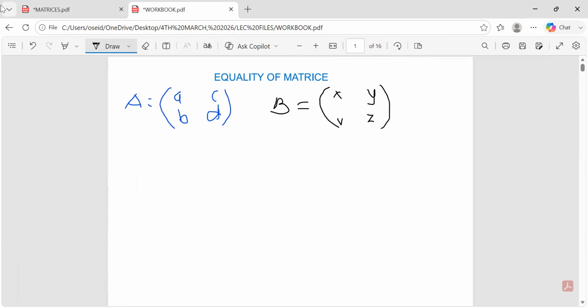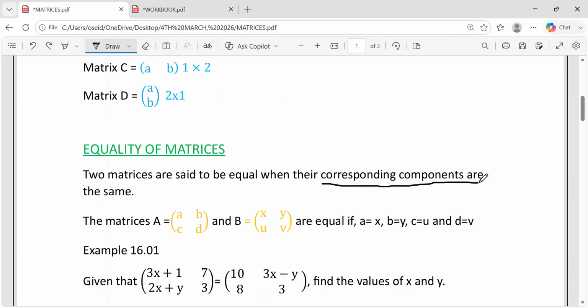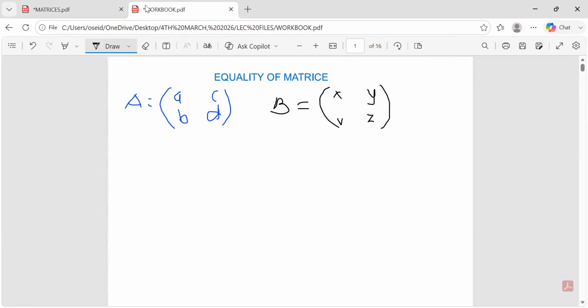And we say that two matrices are said to be equal when their corresponding components are the same. So first we need to check the type of matrix. Matrix A is a 2 by 2 matrix.